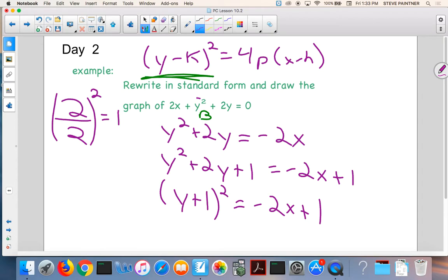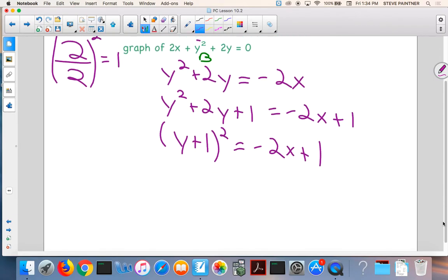What do we need to do to get it into the form? We kind of need that x minus h. We need to factor something out to get that x kind of by itself.